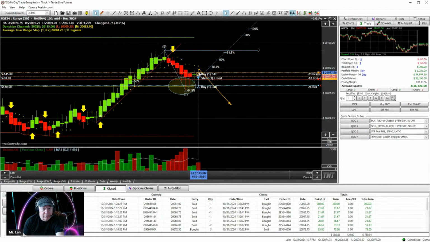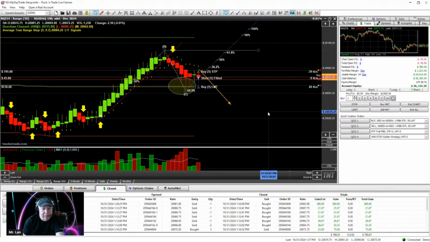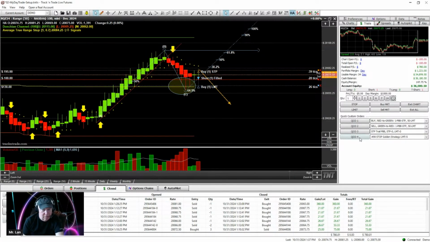Put our stop up here just a little bit out of reach. Okay, Bears. Come on, Bears. Uh-oh. Bulls are grabbing the ball. Taking it back up. Bulls are going green.